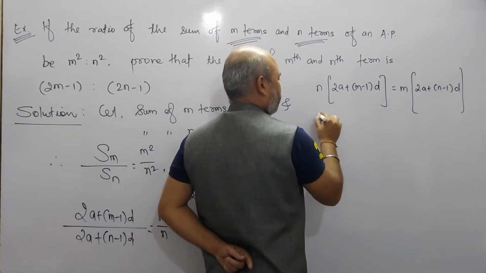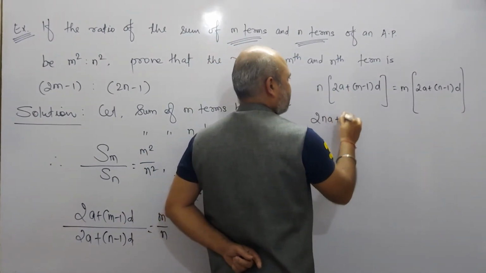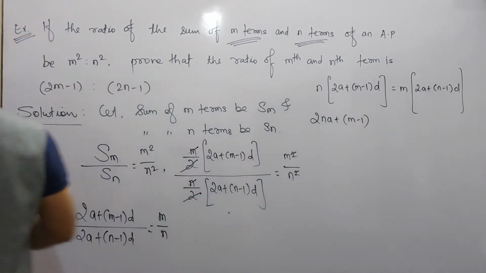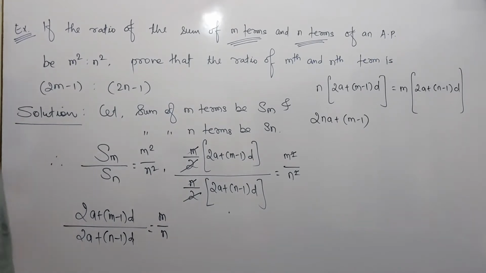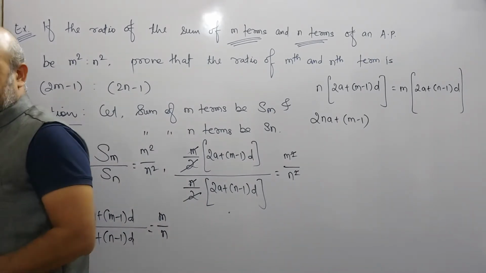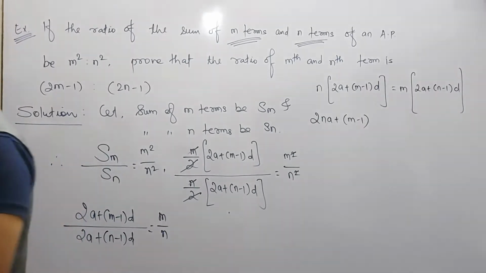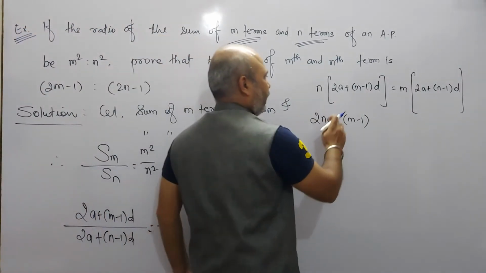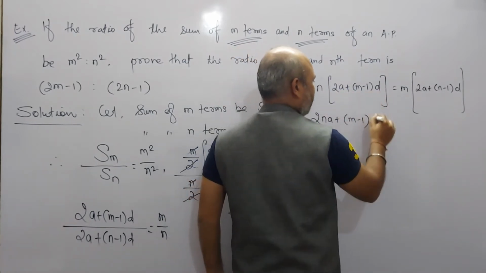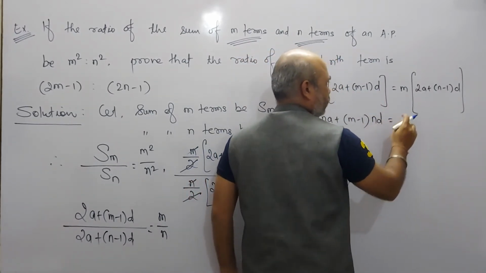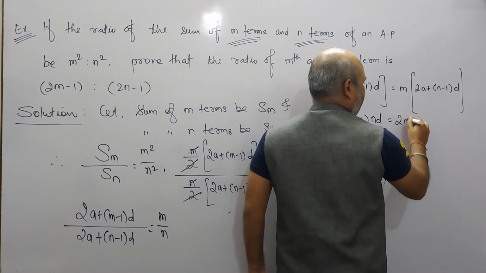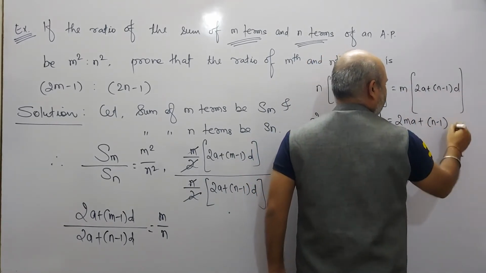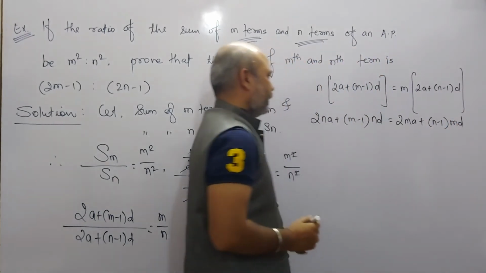This will be 2na plus m minus 1 into nd, and this is equal to 2ma plus n minus 1 into md. Clear?